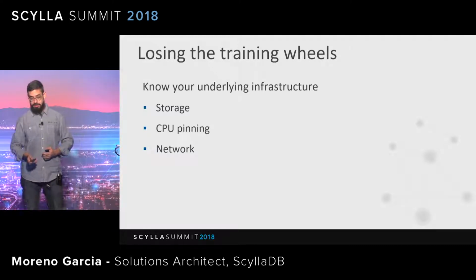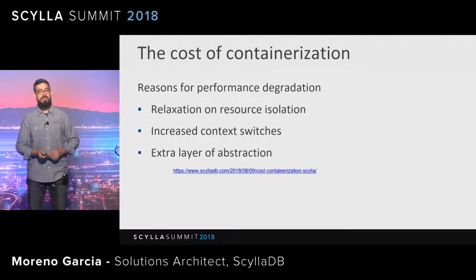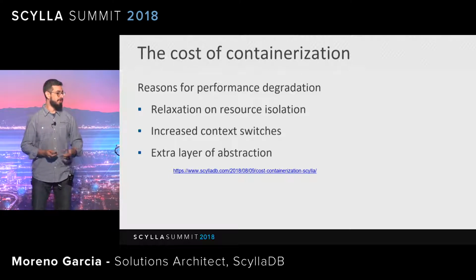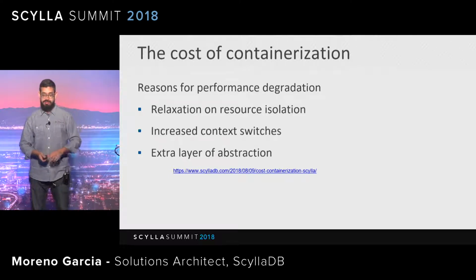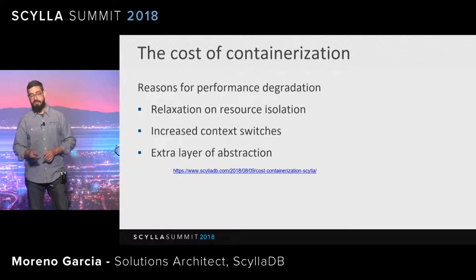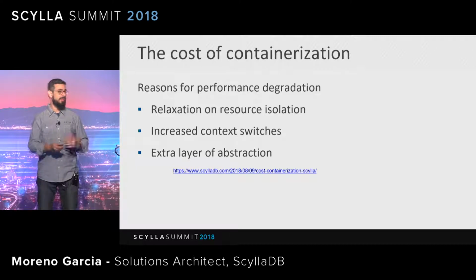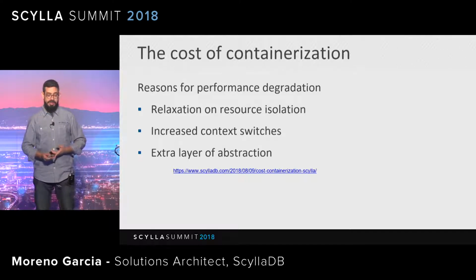We did some testing, we did some benchmarks on Docker. There's the link right there. You can go to that later. But we found that the reasons for performance degradation inside a container were resources not being properly isolated.